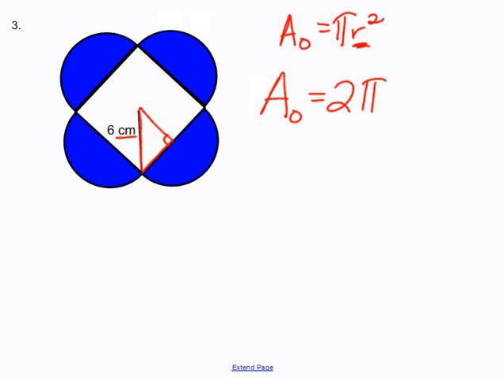That means this leg is going to be divided by radical 2. So I've got 6 radical 2 over 2, which works out to 3 radical 2. So the radius of this circle is going to be 3 radical 2.